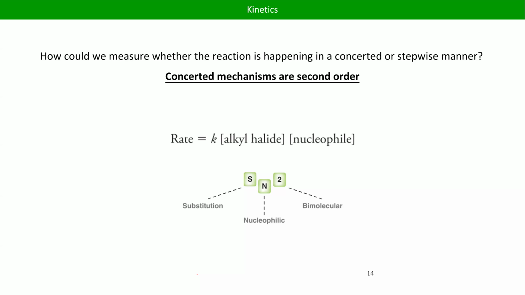So remember back when you first learned rates, do you remember doing the method of initial rates? Which is basically you do a reaction and you measure how long it takes for the reaction to happen. And then you double one of the concentrations and you look at how long it takes for it to happen, right? That's all we would do here. Set up the reaction, find some way to measure when it's done with a color change or something.